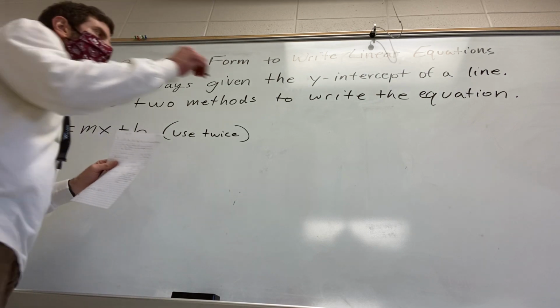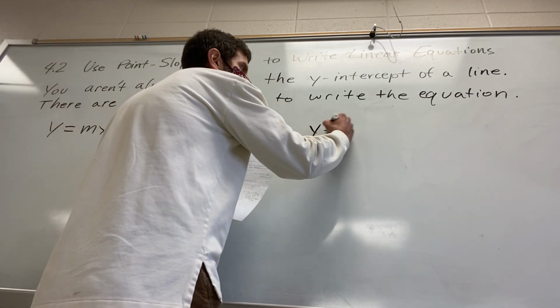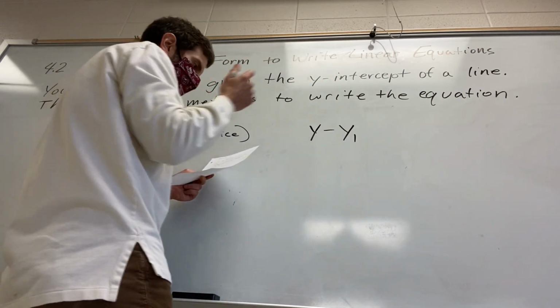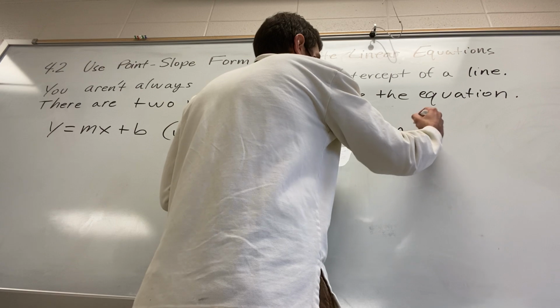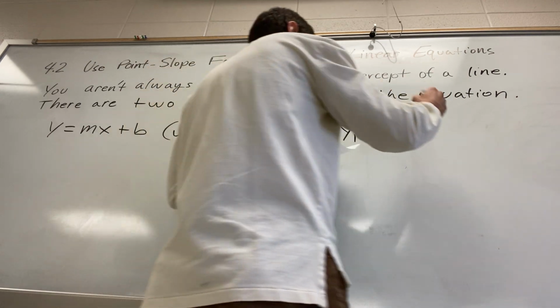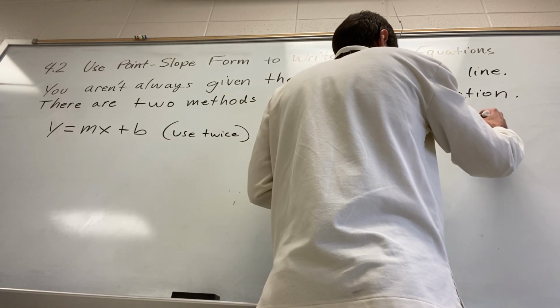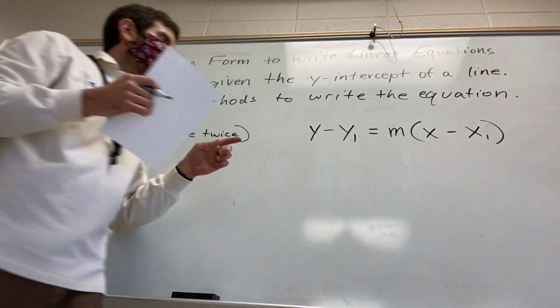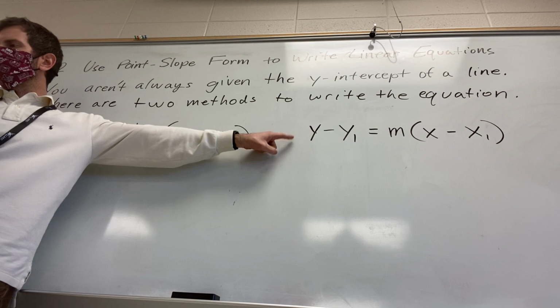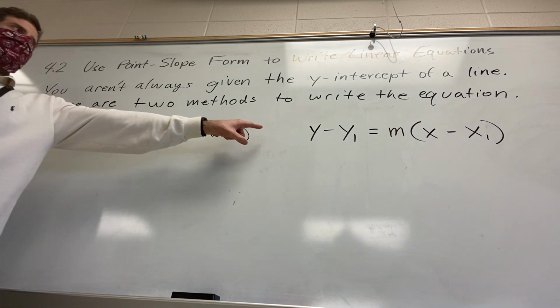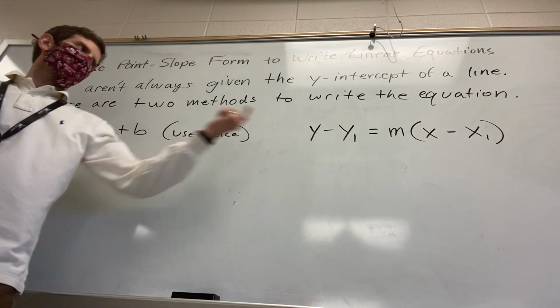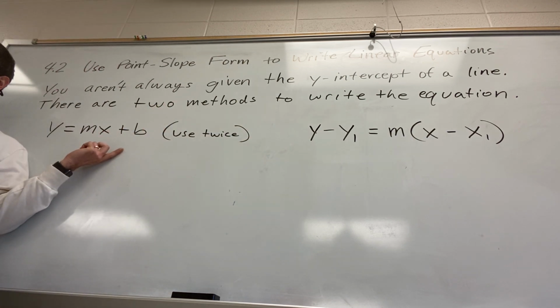It turns out that the other way to do this is to use this formula: y minus y1 equals m times x minus x1. Now, this looks more complicated, but once you use it a few times, it's just as easy to remember as this one.